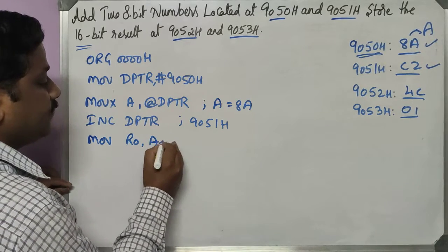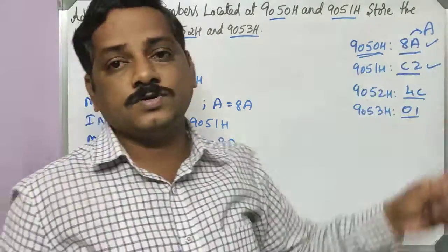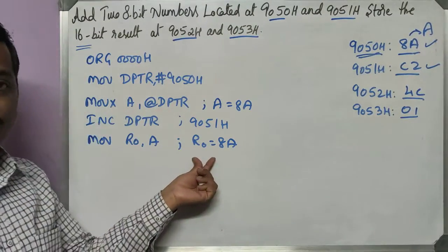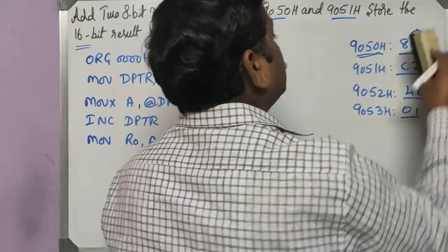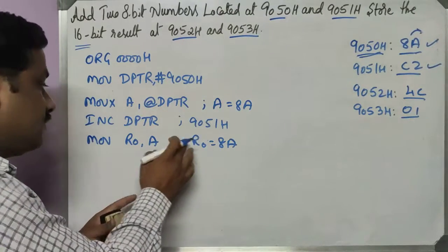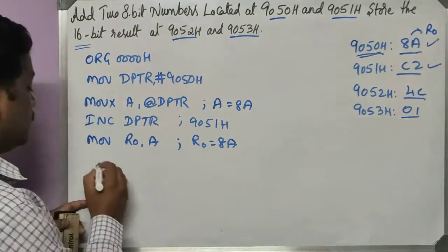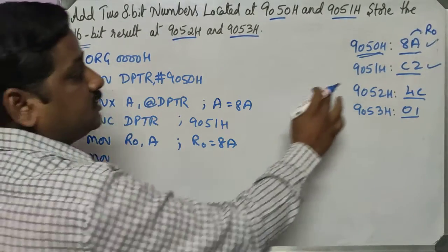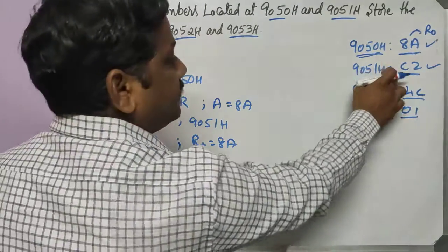MOV R0 comma A. What happens now? R0 will have the number 8A. Whatever data you give here will be in R0. So instead of taking it directly, I first took it into accumulator, and from accumulator I take it into R0. Then move the next data into accumulator, which is at DPTR 9051H.